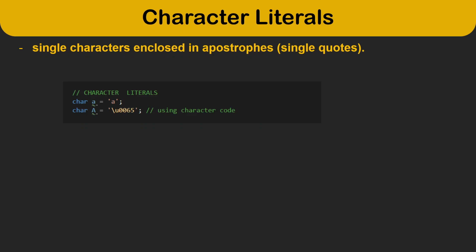Character literals are single characters enclosed in apostrophes. We use them to set the values of type char, and we can express those values with a character, for example, small case a, or using a character code.